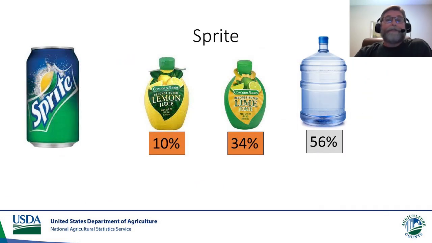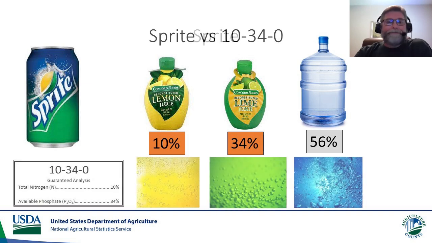Now let's compare a liquid product. To keep this comparison simple, we're going to say that this can of Sprite is made up of three things: lemon juice, lime juice, and water. We'll say the can of Sprite is made up of 10% lemon juice, 34% lime juice, and the rest, the 56%, is water. Now let's compare 10-34-0 fertilizer to the Sprite.